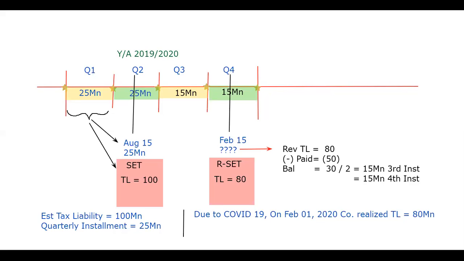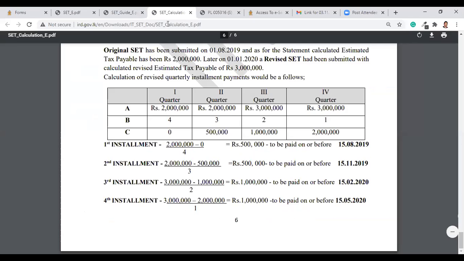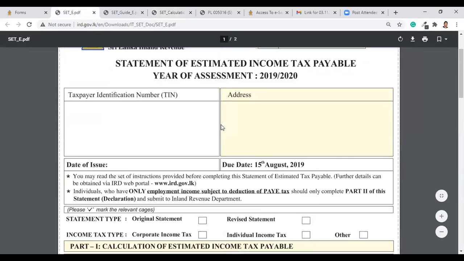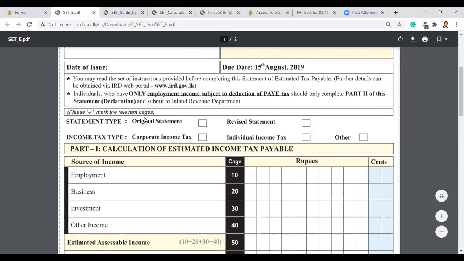If I share the screen, on the ERD website, for the SET, if you are filing the original, you tick original.